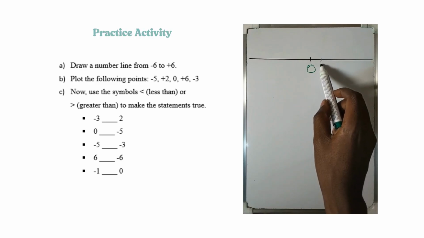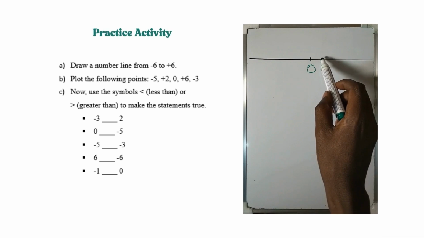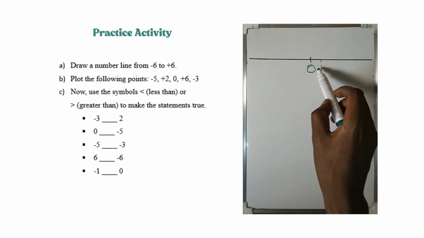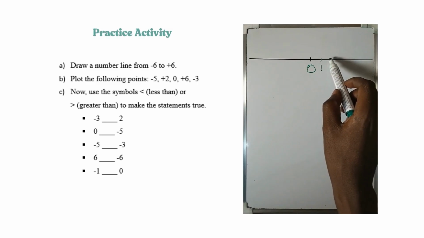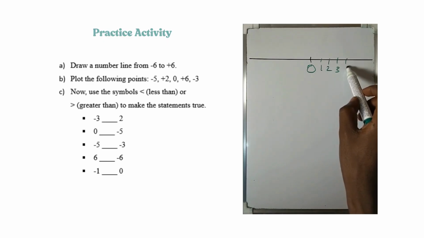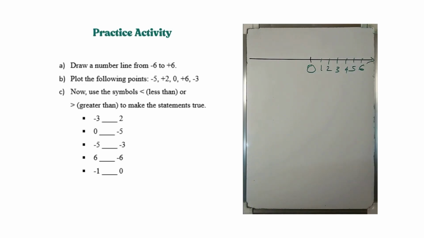So we'll have here 1. We don't need to write +1 because it's just positive. This is 2, that's 3, that's 4, that's 5, and we have 6, and it continues that way.